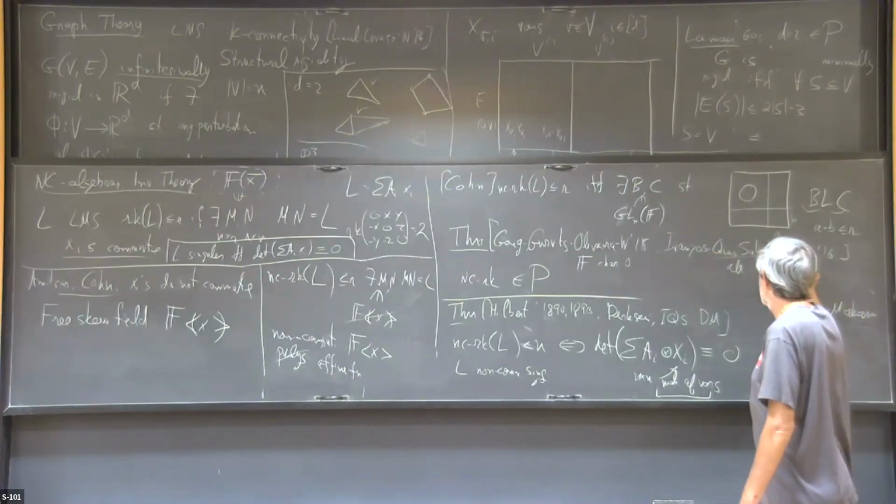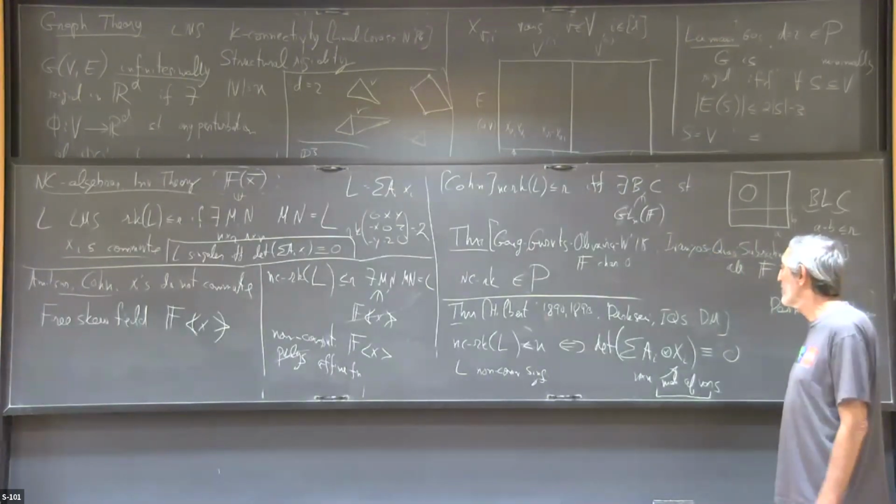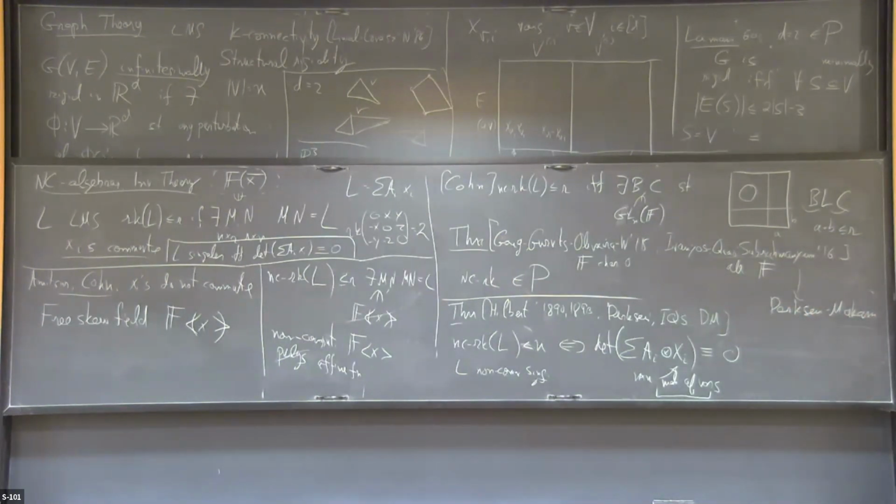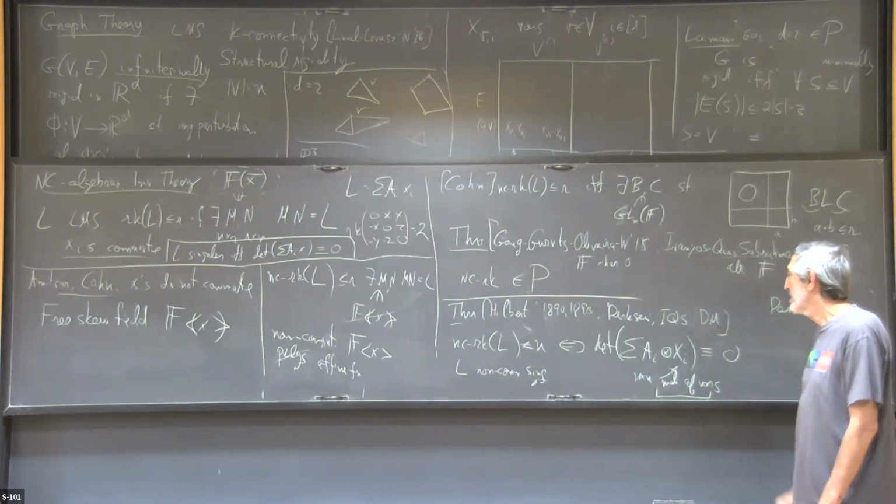This is an algebraic version, if you want, of the alternating path algorithm for matching, extended to the linear algebraic setting. So they are very different. Anyway, they solve this problem.